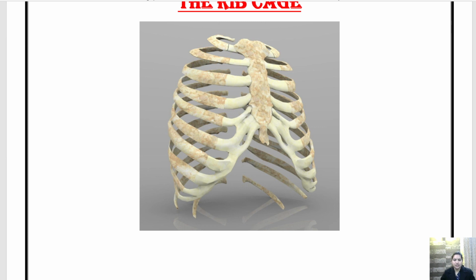Okay, as you can see here, there are 12 pair of cages present. Okay, you can count it like 1, 2, 3, 4, 5, 6, 7, 8, 9, 10, 11 and 12 at one side and 12 at other side.